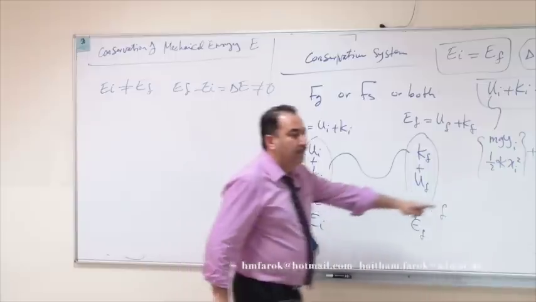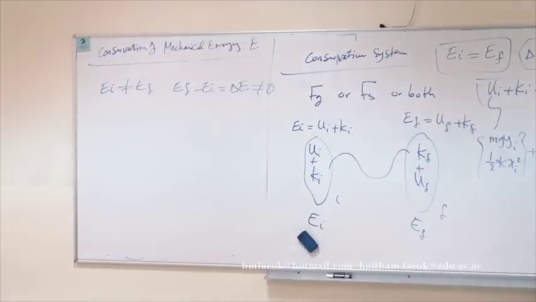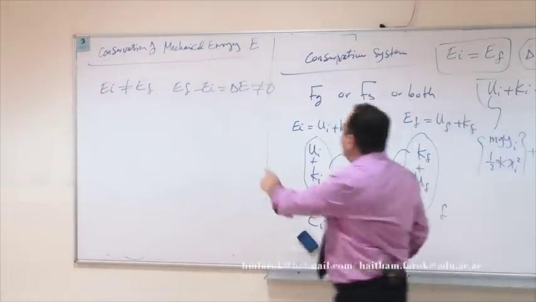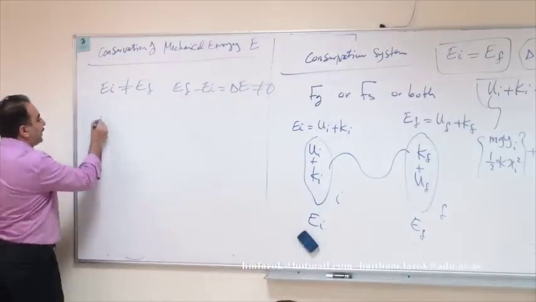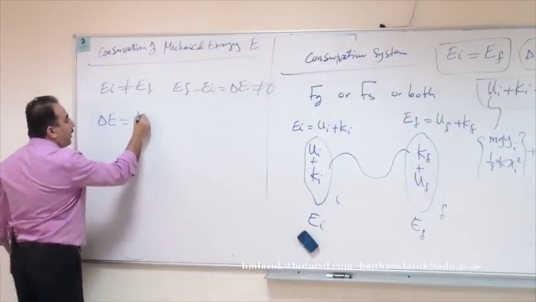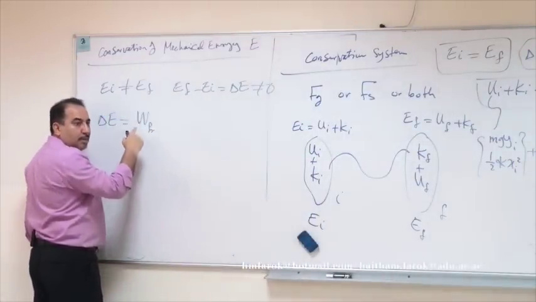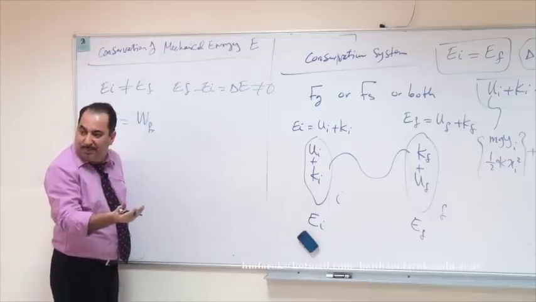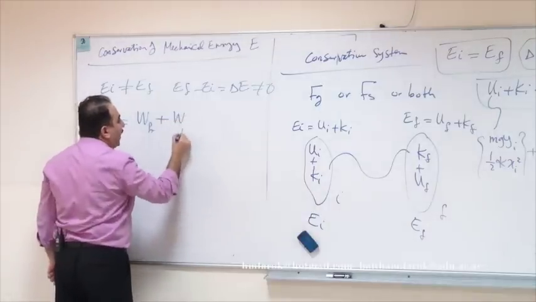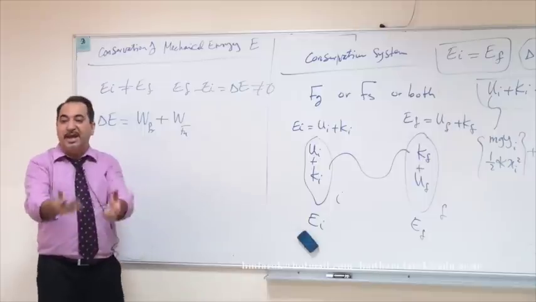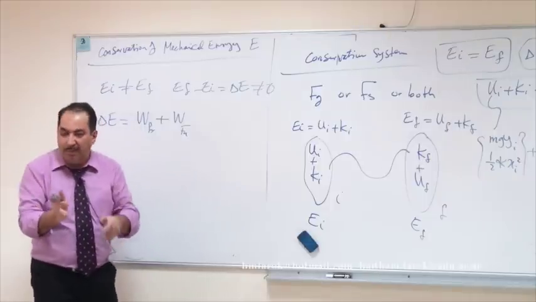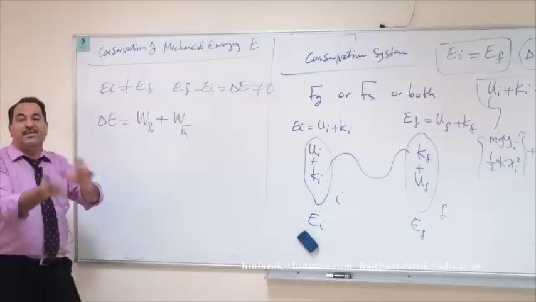How much you lost or gained depends on the friction force work and the applied force work. So to find delta E, it is always equal to the work of friction, which is how much you lost, plus the work of the applied force, which is how much you gain or lose, depending on the angle. You add those two, and it tells you the difference.